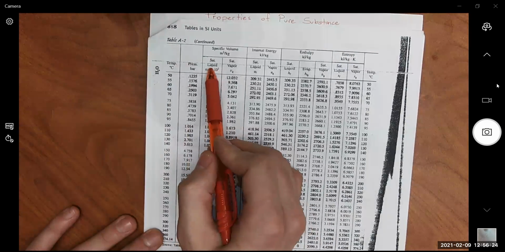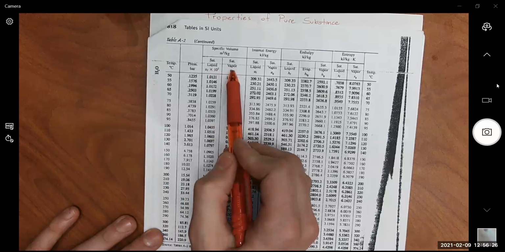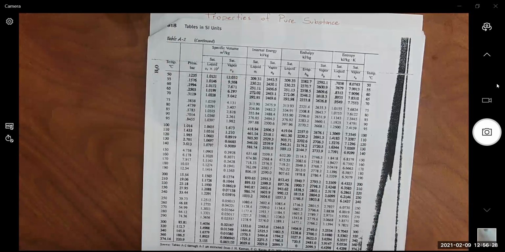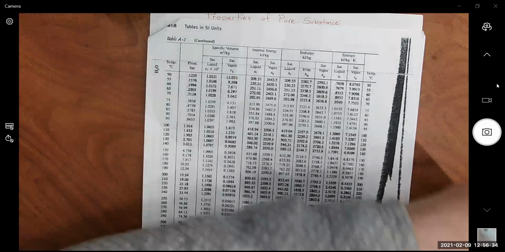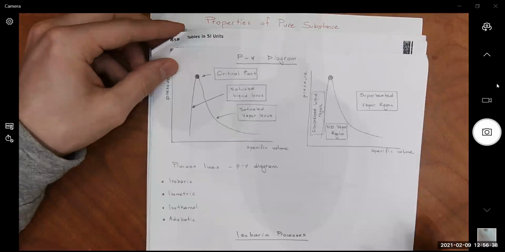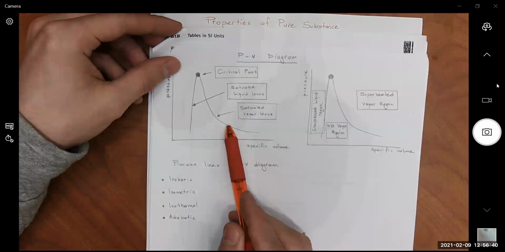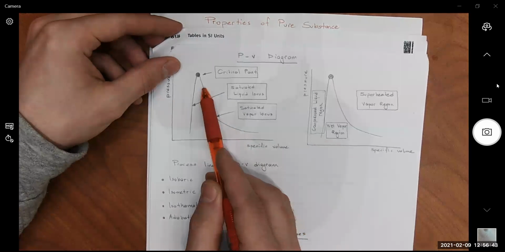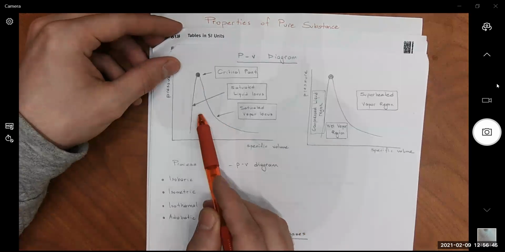Saturated liquid, saturated vapor. Remember that line I gave you on a PV diagram? Okay, PV diagram. This line was a saturated vapor. The left line was saturated liquid, correct?